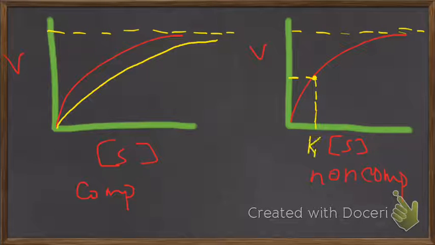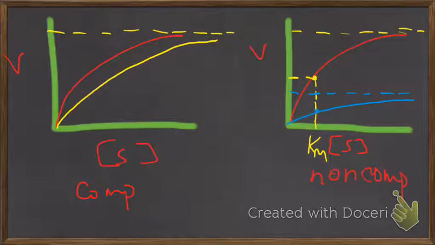So that's Km. But if we put in the inhibitor now, right there, Km would be the same, but Vmax is much lower.